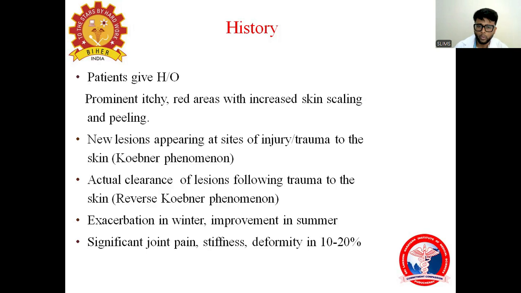New lesions appear at the site of trauma, the Koebner phenomenon, and clearance of lesions following trauma to the lesion is called reverse Koebner, which is also seen in psoriasis. There is exacerbation in winter and improvement in summer in some cases. There can also be significant joint pain, stiffness, and deformity. We can discuss this under the complications of psoriatic arthritis.